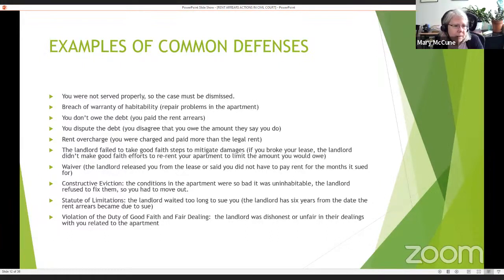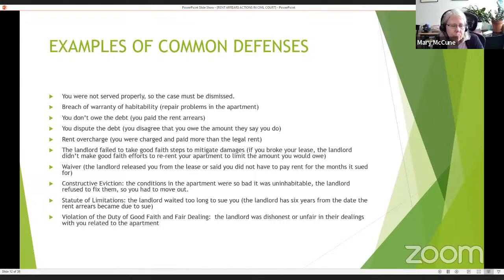Another common defense is breach of warranty of habitability. What does that mean? Over the years, courts have decided that when a landlord rents an apartment, there's basically an obligation for the landlord to make sure that the apartment is livable. Even if it doesn't say that in your lease, you have a right to a livable apartment.